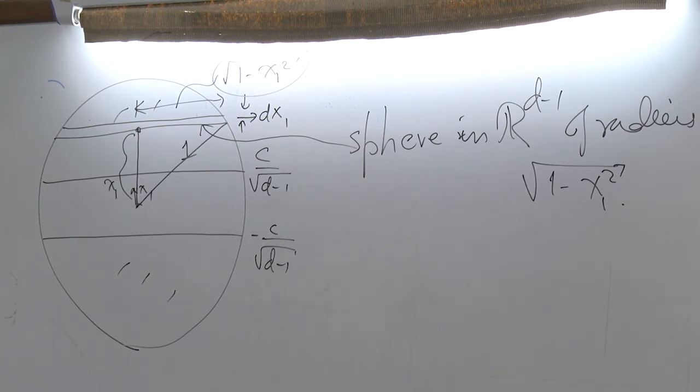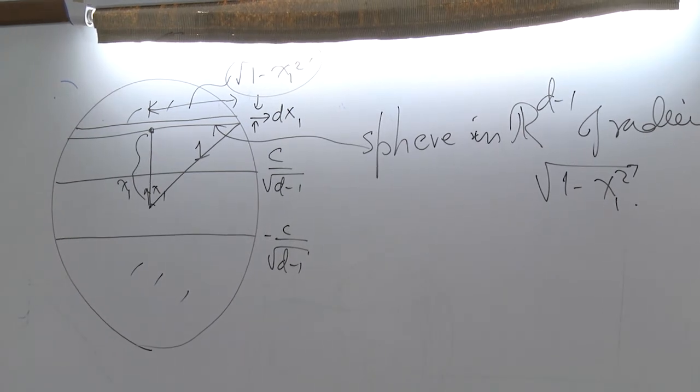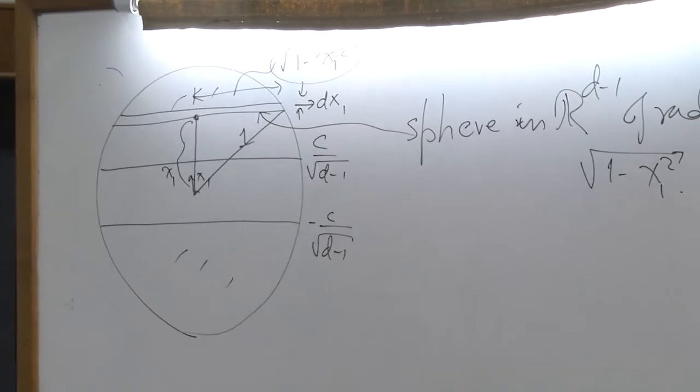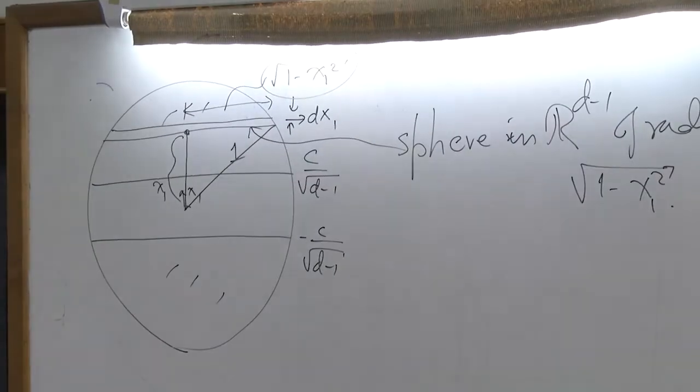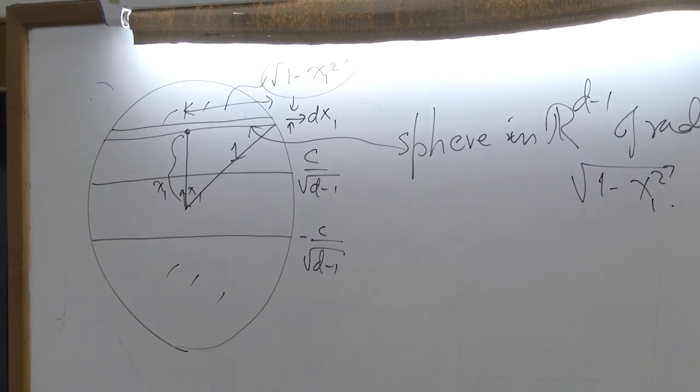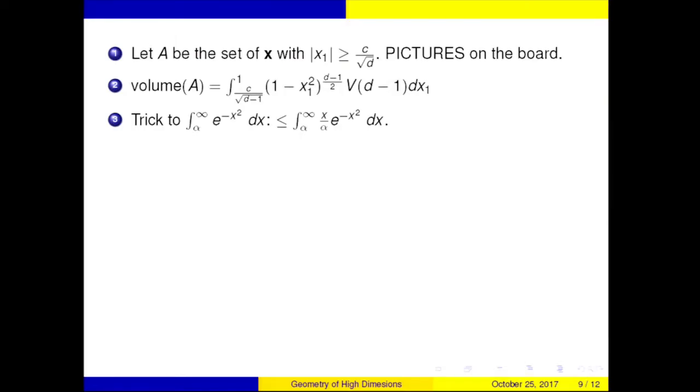Right? And therefore, that's the volume. Yeah, the question is whether it shouldn't be multiplied by 2. The answer is yes, I made a mistake and didn't put the 2 there, because this is only computing the top section, right? So I will correct that slide. Yeah, you have to have a 2 there. Good. Okay.